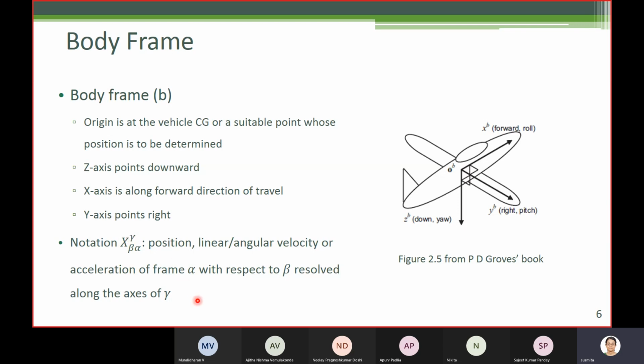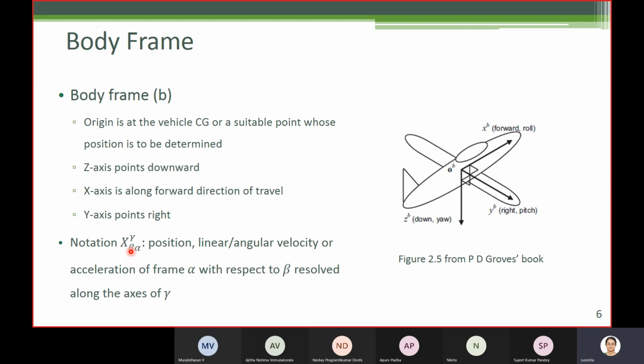Now we also can find attitude using a navigation system. For attitude, we do not have three frames. We just have two frames. So we are interested in finding the orientation of one frame with respect to another, right? In that case, if it is attitude, then we'll just have two frames, the reference frame and the frame whose attitude we are interested in, whose orientation we are interested in.